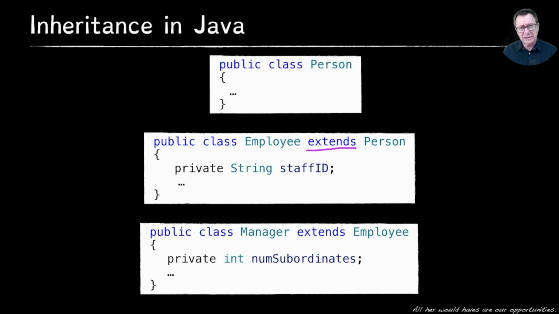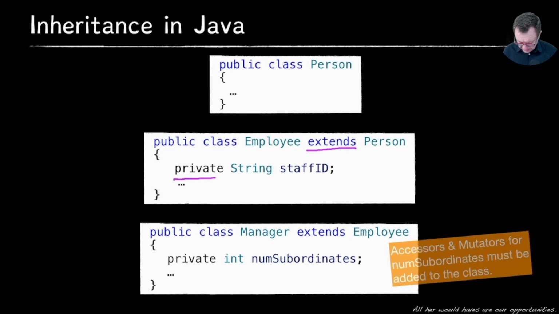Into our class fields, I've got private String staffID. This is the class field that we've added in the employee class, which is extending everything from the person class.